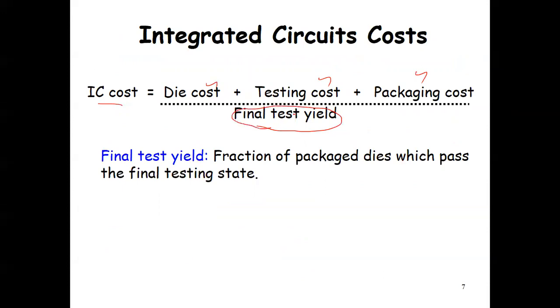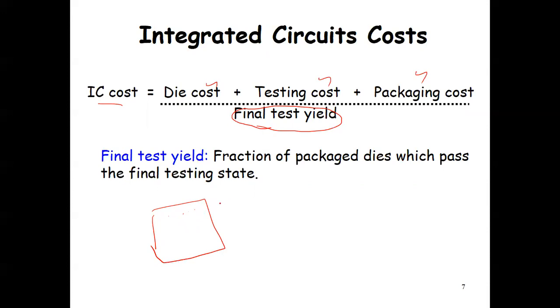The final test yield cost is, see, die is the semiconductor material on which the integrated circuit, the transistors, all these things will be placed, right? And after placing, you have to test it. When you test, some of the dies may fail. It may not work.